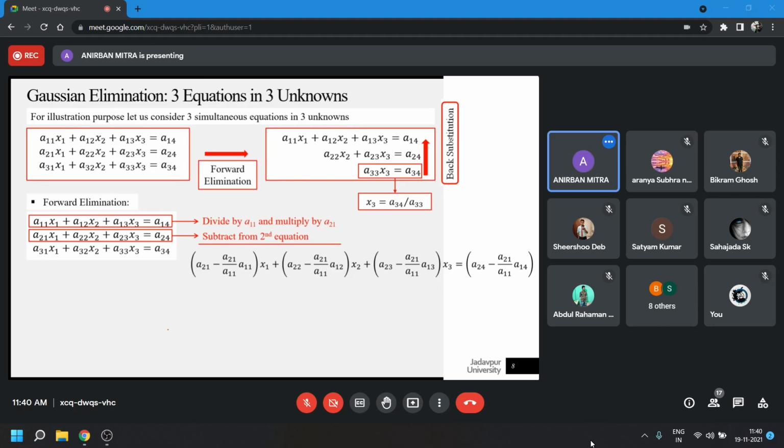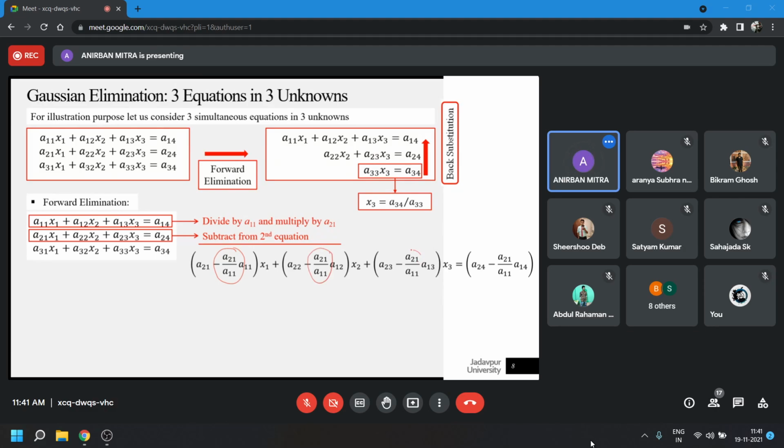You can see that this is the division. Throughout, you can see in the denominator, a11 is present. So all these terms are due to the division by a11, and there is this multiplication of a21. So we can say this is a multiplying factor, not the minus, of course, taking only this part.